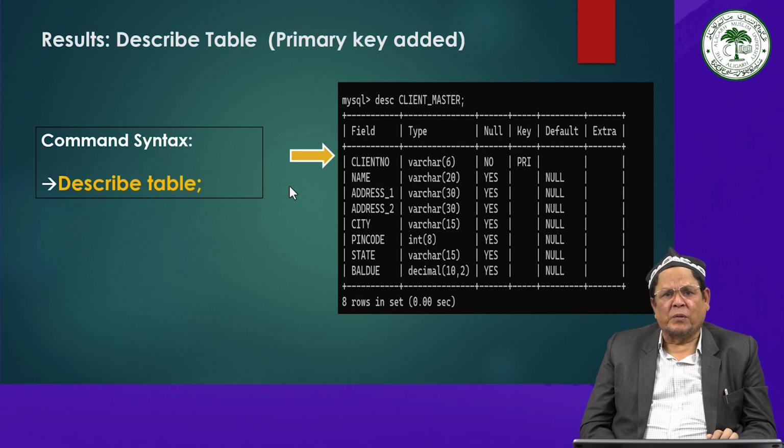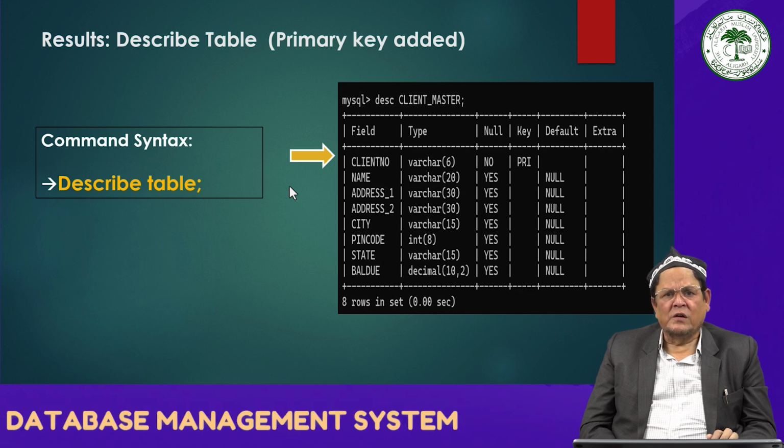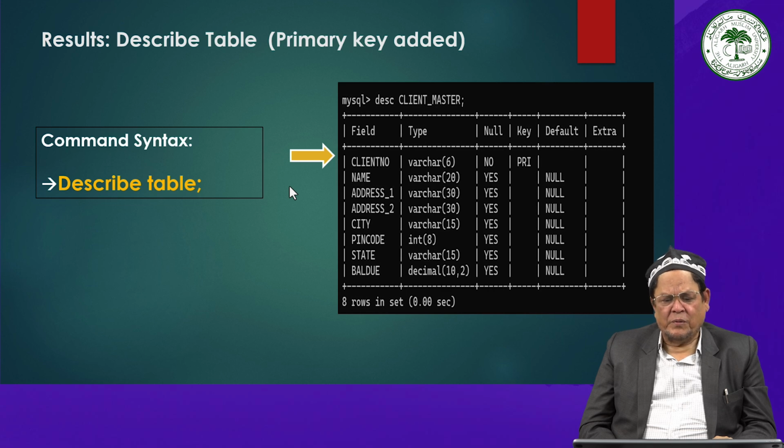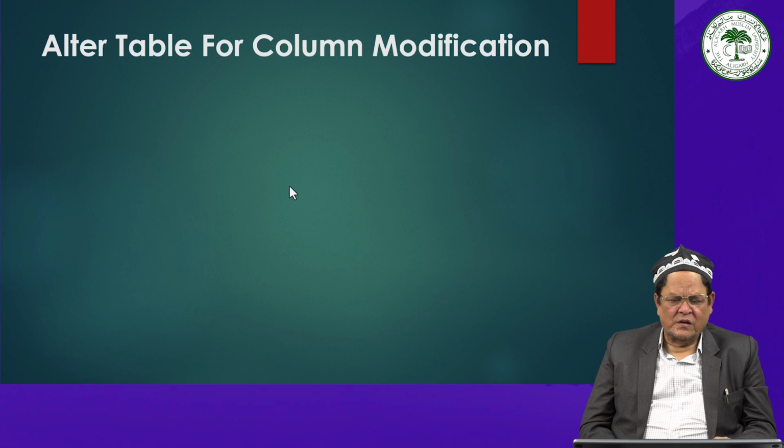If you do not enter client number, it will not store the row. So here only one attribute we have given not null, and all others are null. In this way we can add a constraint on primary key.